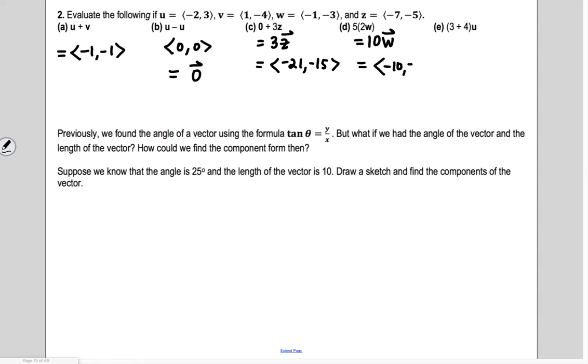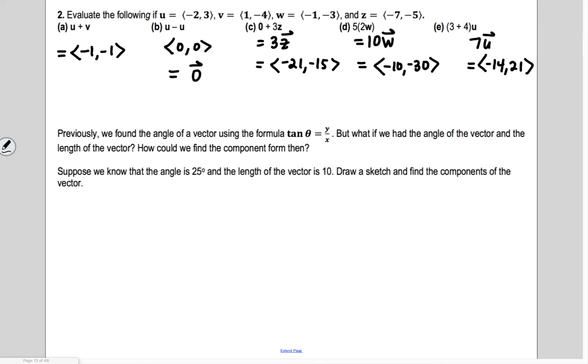Negative 10 comma negative 30, got it. All right, and then 3 plus 4 multiplied by the vector u. Yeah, it's the same as 7u. I mean, these are all things that you've learned before, right? It's really the same as all the properties we already know. So 7u is going to be negative 14 comma 21. Perfect. Easy.